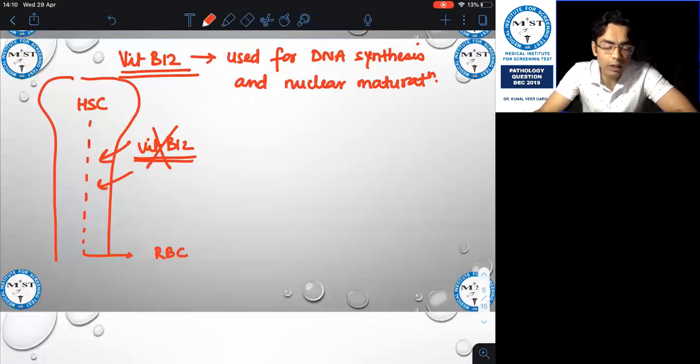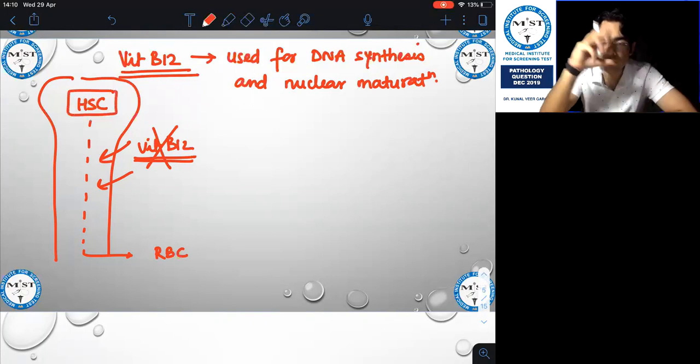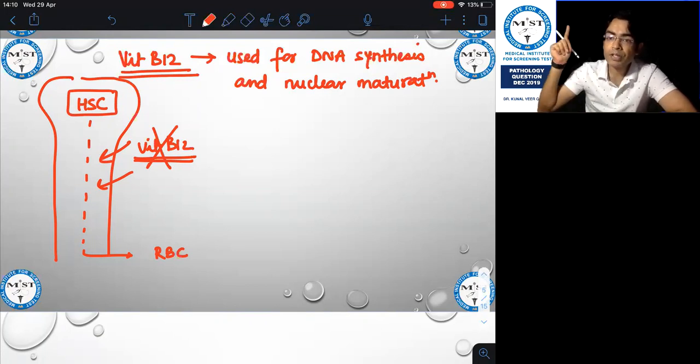We all know that this hematopoietic stem cell which is there inside the bone marrow has a very big nucleus. And RBC is a non-nucleated cell, right? We know that RBC does not contain any nucleus, but all the cells of the factory from which this RBC is coming contain a nucleus. That means that something is happening inside the bone marrow, that step by step the nucleus is going to go away.